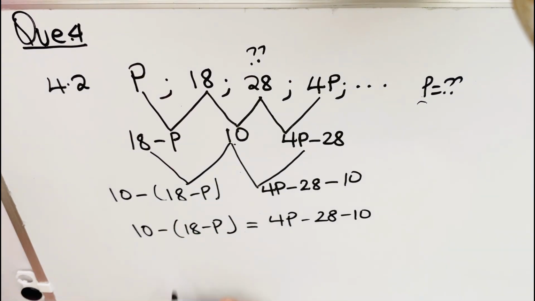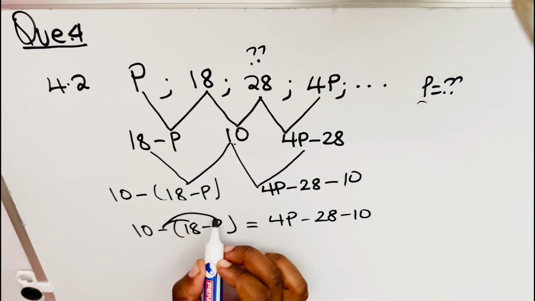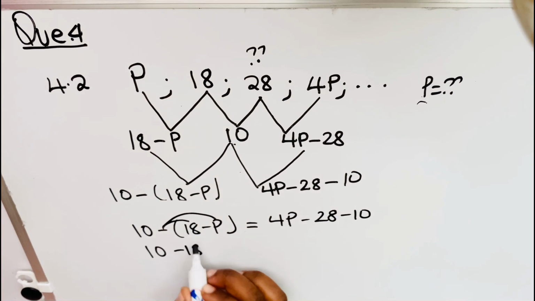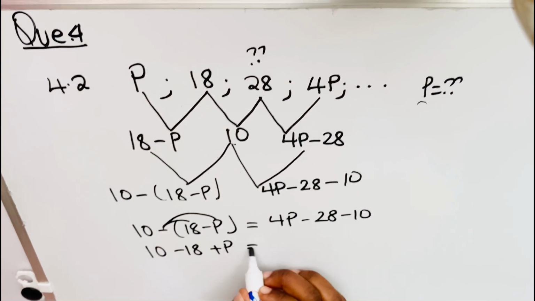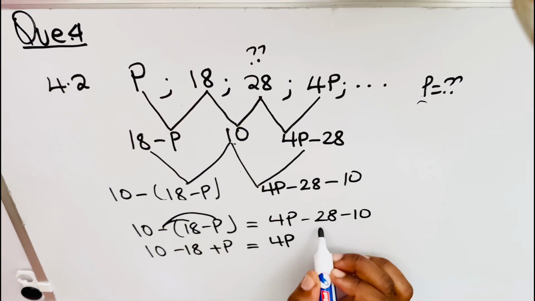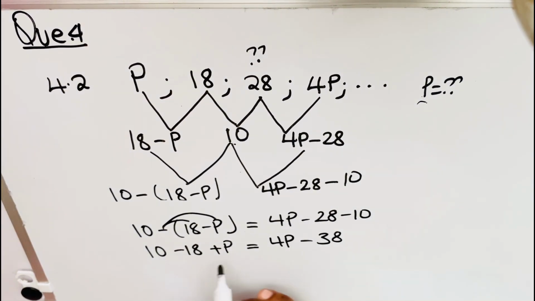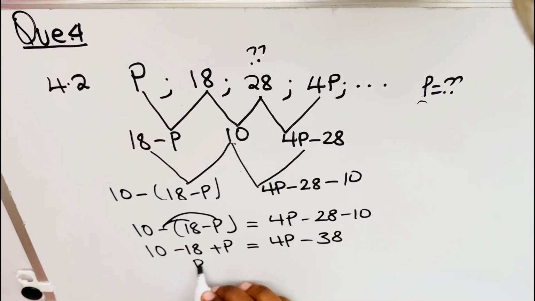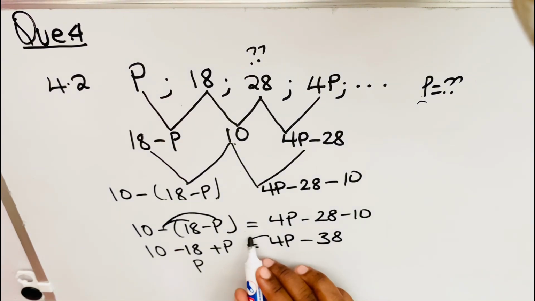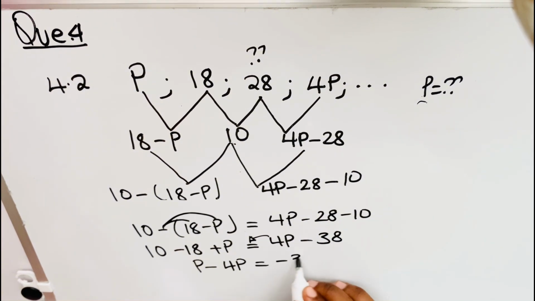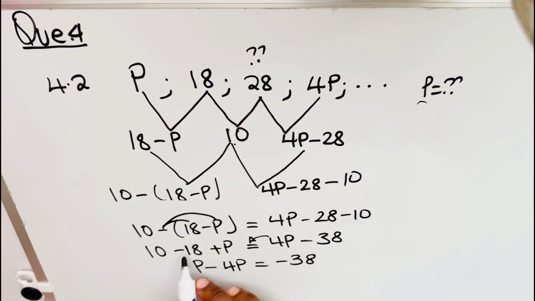Then we solve for p. Remove the brackets by multiplying each term by negative: 10 minus 18 plus p equals 4p minus 38. Take the 4p to the left-hand side, it becomes negative 4p. 10 minus 18 is negative 8.